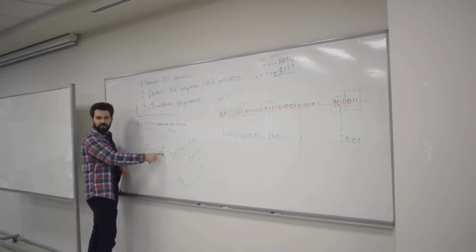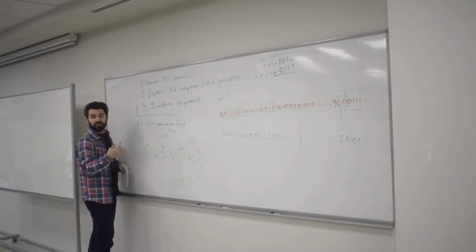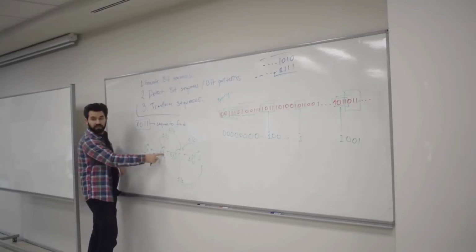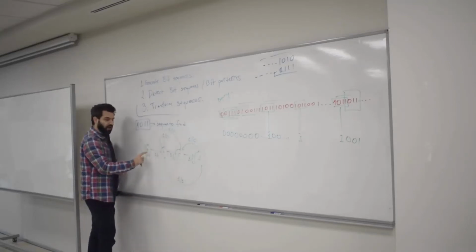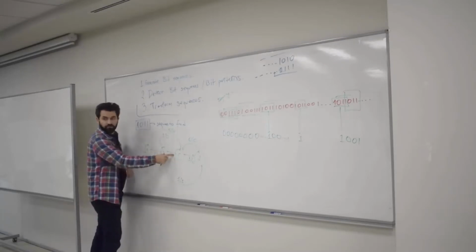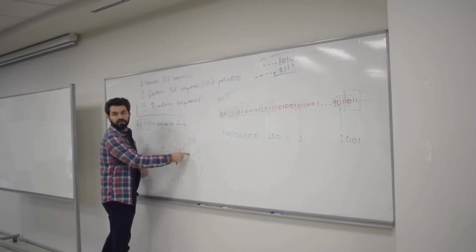C means I have already seen a sequence of 1 and 0. D means I already have seen 1, 0, 1 in the input.